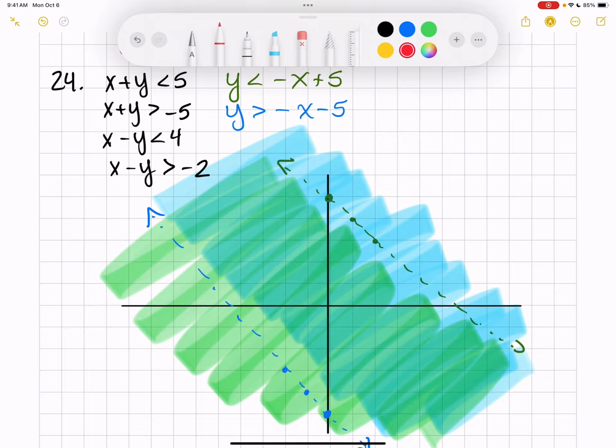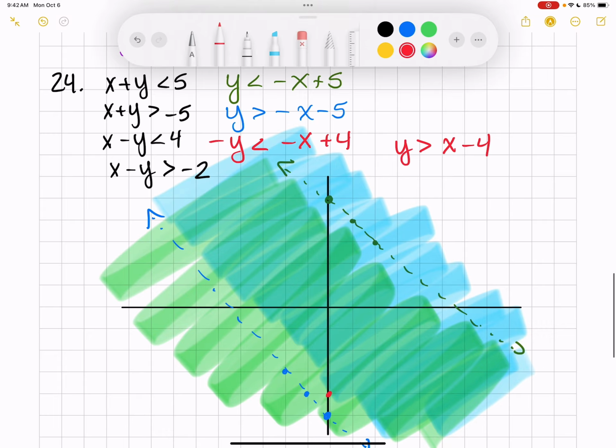Over here, I'm going to end up with negative y is less than negative x plus 4. When I divide by a negative, what happens? The sign flips. So this is going to be y is greater than x minus 4. So I have an intercept at negative 4, a positive slope, so up 1, right 1.